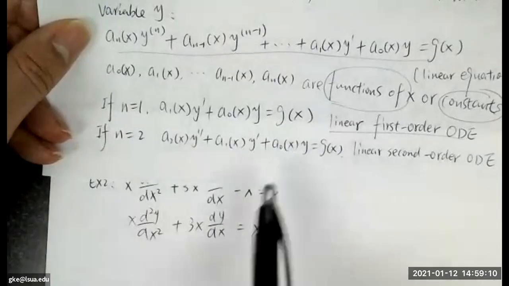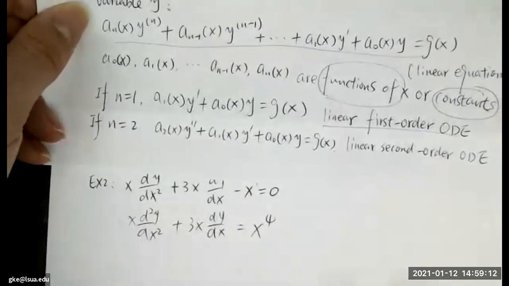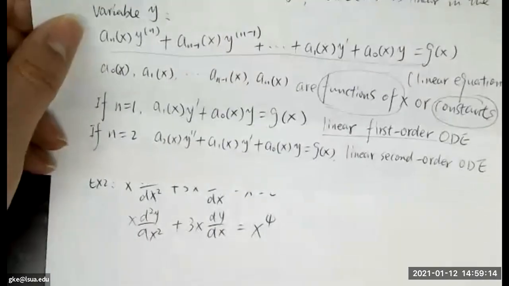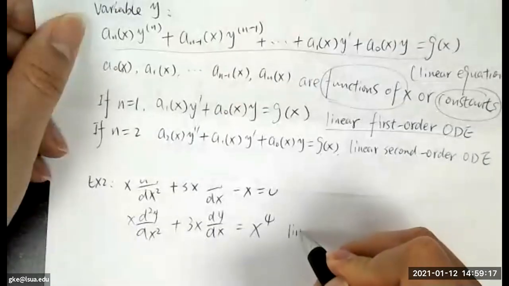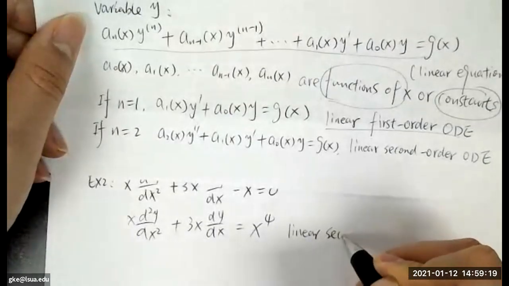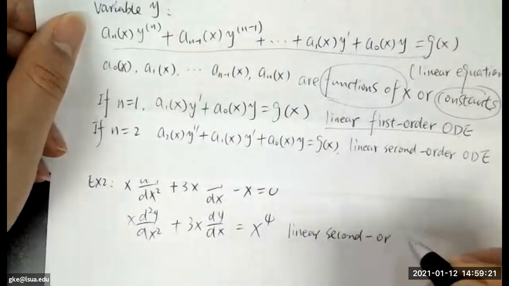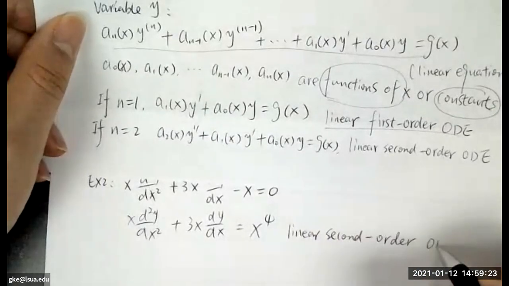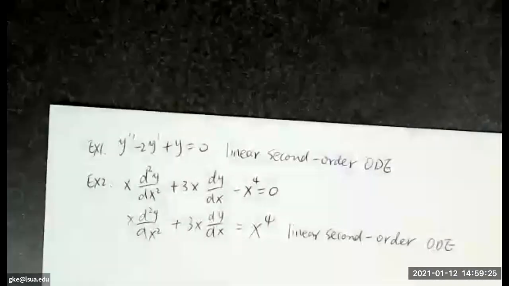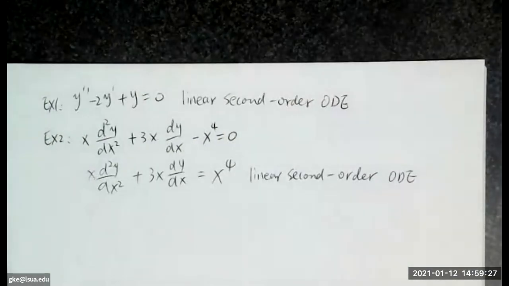So that is exactly linear second order ODE, right? Is that clear? Compare the coefficients. That coefficient should be a function of x or constant, and keep the x terms on the right hand side. That is gx, right? Gx.